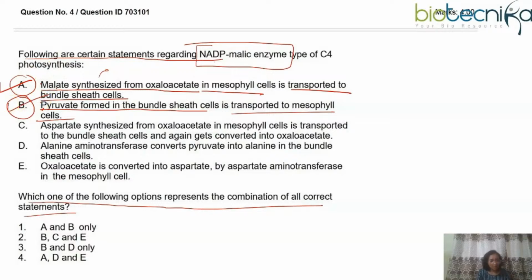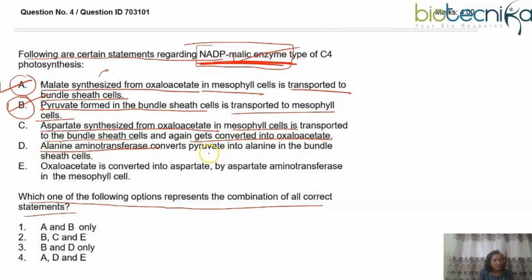Now the remaining 3 statements, which involve aspartate and alanine, are not carried out by this enzyme, NADP malic enzyme. NADP malic enzyme is not involved here. Aspartate synthesized from oxaloacetate in the outer mesophyll cells is transported to the bundle sheath cells and again gets converted to oxaloacetate, not triggered by NADP malic enzyme.